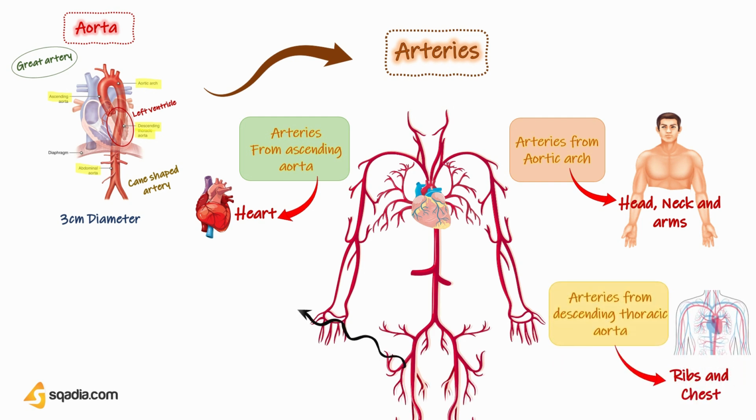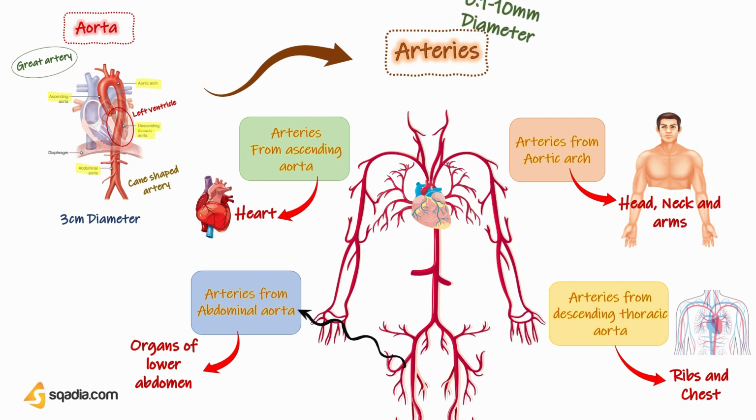Then the abdominal aorta, that begins at the diaphragm, splits to become the paired iliac arteries in the lower abdomen. Most of the major organs receive blood from arteries originating from the abdominal aorta. The diameter of arteries typically ranges between 0.1 mm to 10 mm.